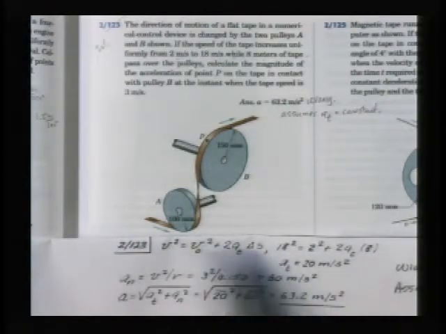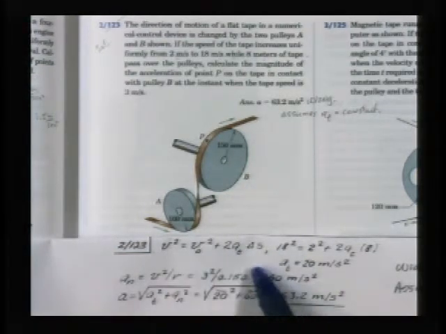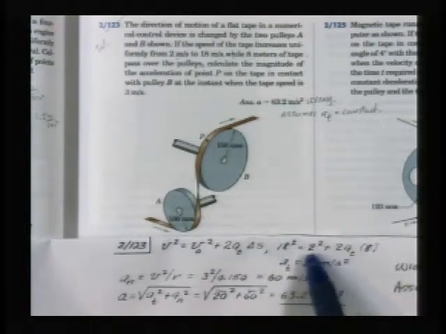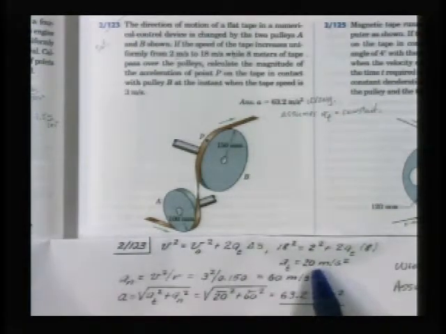They used this equation, which they even cautioned you about, and I cautioned you early in the course: don't use this equation. Always operate these things from the original differential equation. And so they just went ahead and dropped this in, 18 squared equals 2 squared plus 2 times a_t times 8, to get the acceleration that they said is the tangential component.